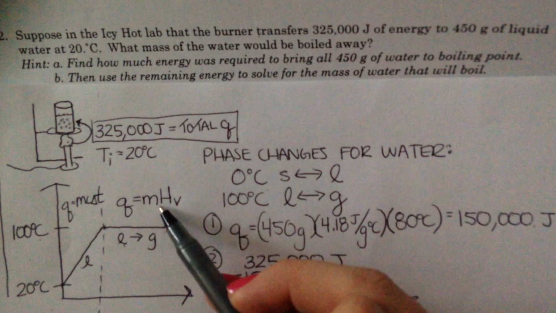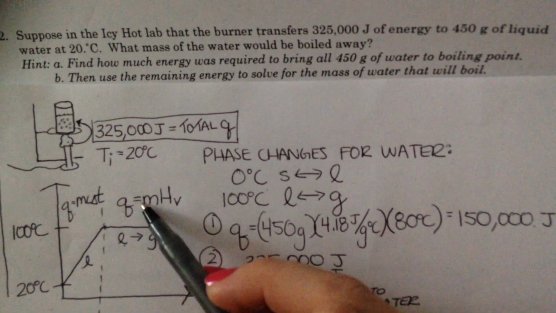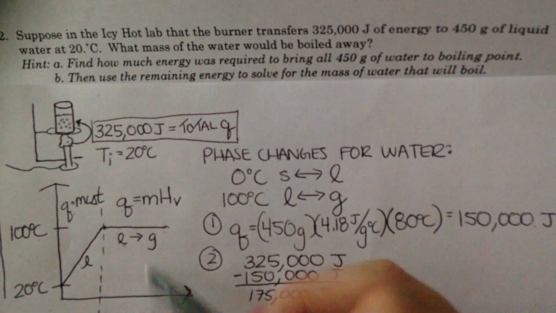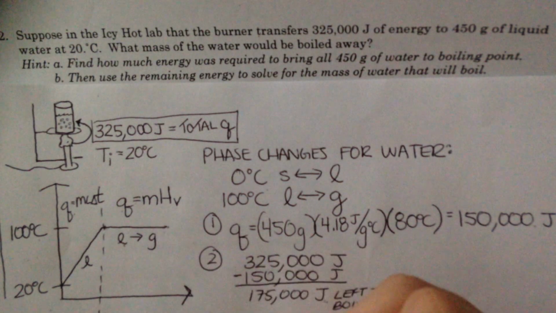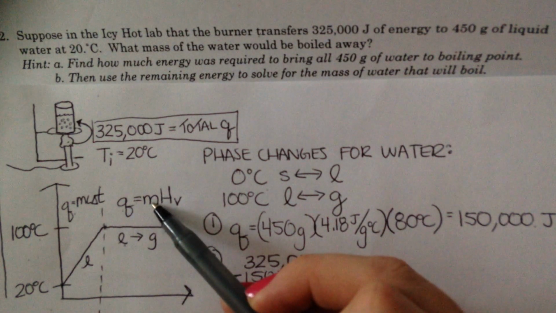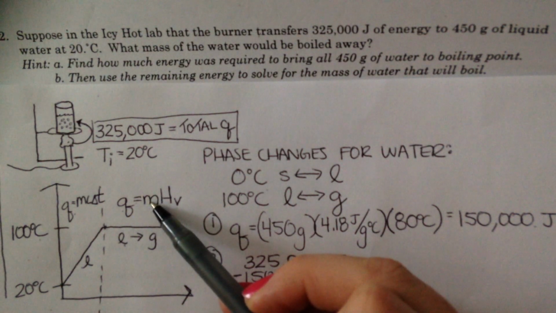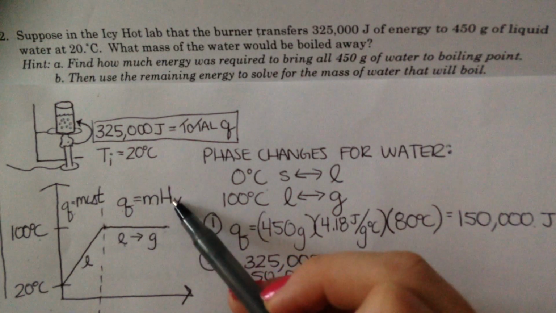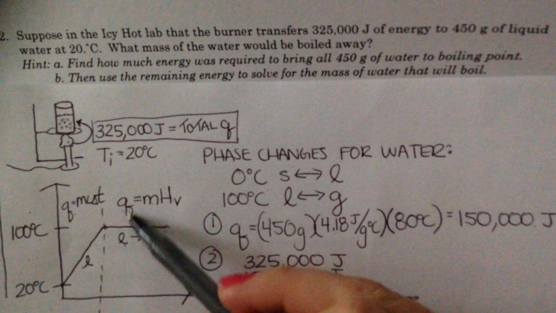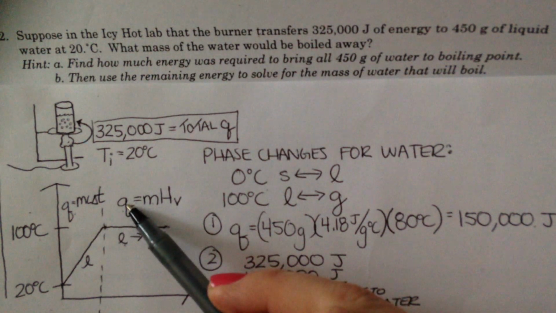So I need to rearrange my equation, Q equals mH, heat of vaporization, to solve for m. To do that, all I need to do is get m on the side of the equation all by itself. So I need to divide both sides by my heat of vaporization so that I can move it over and get mass all by itself.